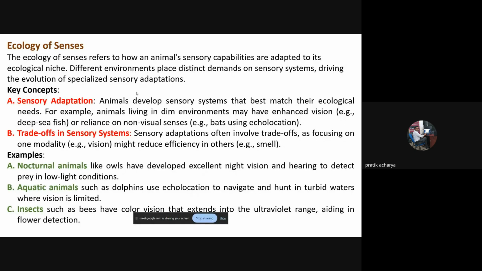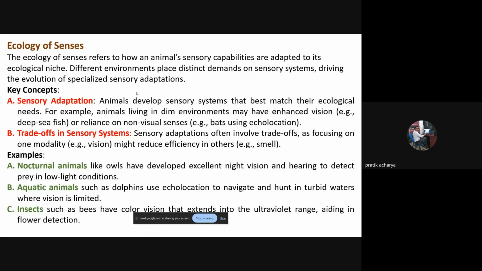Smell, hearing, all these kinds of activities are more developed in case of blind person in comparison to other normal persons. If one sense organ is failing, then other sense organs' ability is increasing. That concept is trade-off in sensory system. So this is another adaptive ability of this kind. If the organism could not develop this kind of ability, then the organism cannot survive in changing environment. So this is very important.